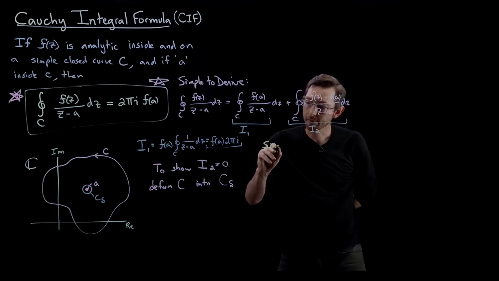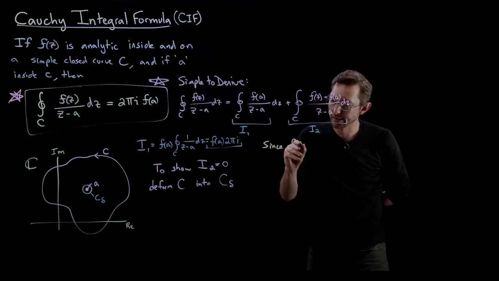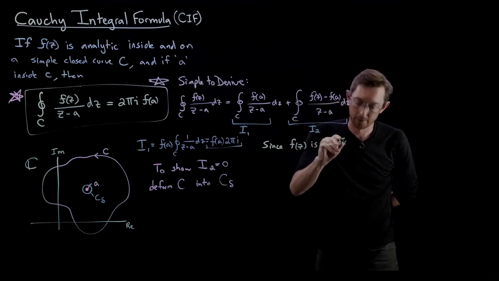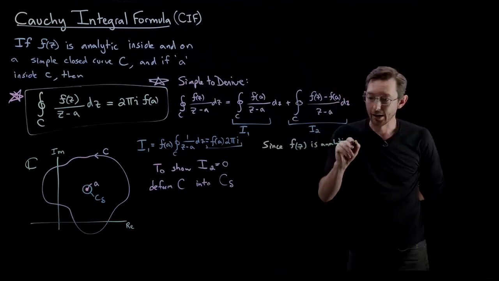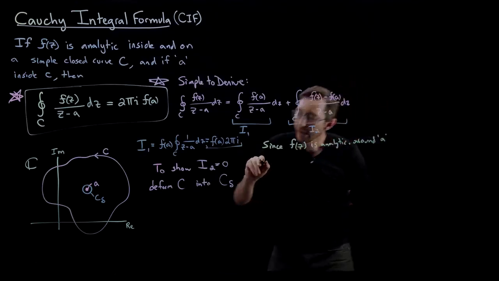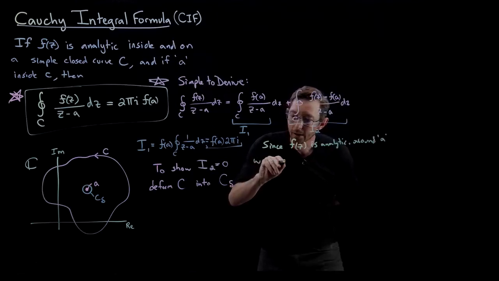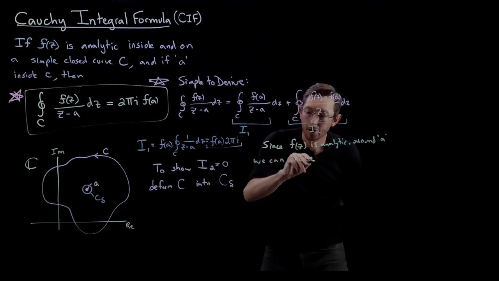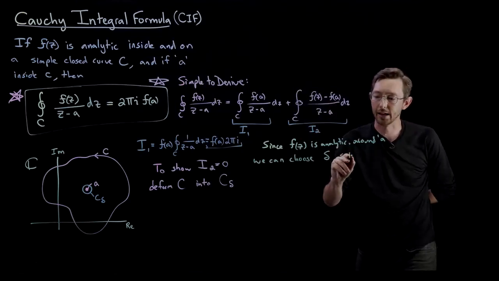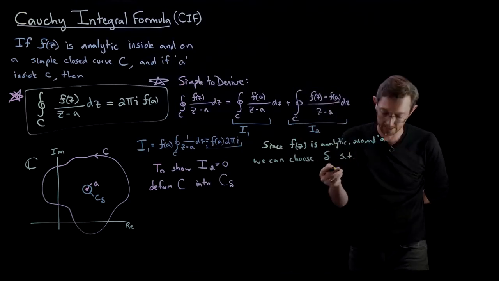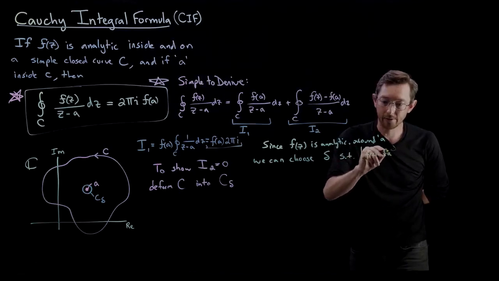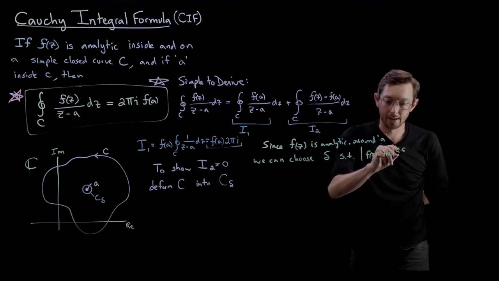So since f(z) is analytic around this point a, we can choose a delta such that |f(z) minus f(a)| is less than epsilon.